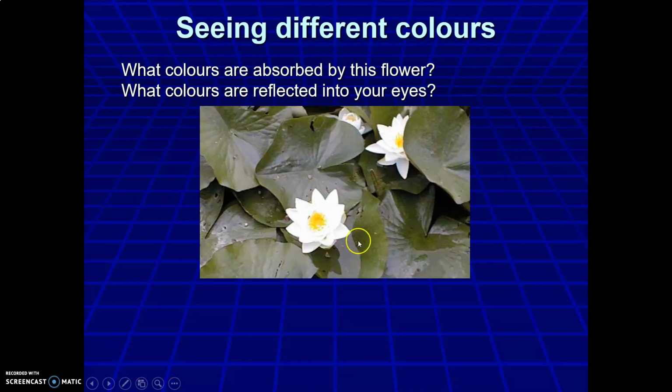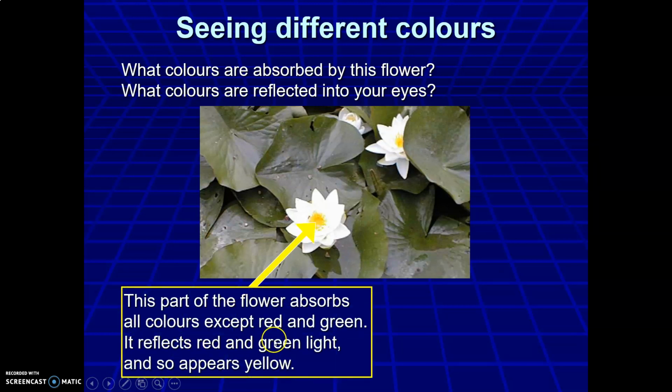Okay, let's try this one. The petals of the flower are white, and inside it's yellow, and the leaves around it are green. For the yellow part of the flower, it absorbs all the colors except red and green.